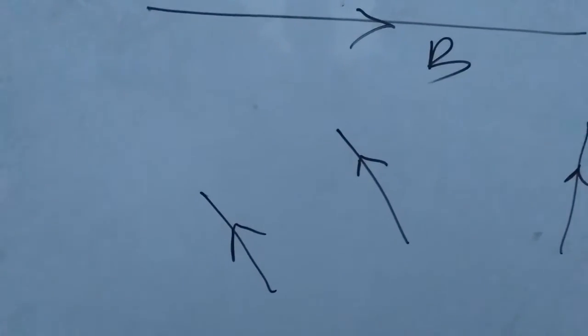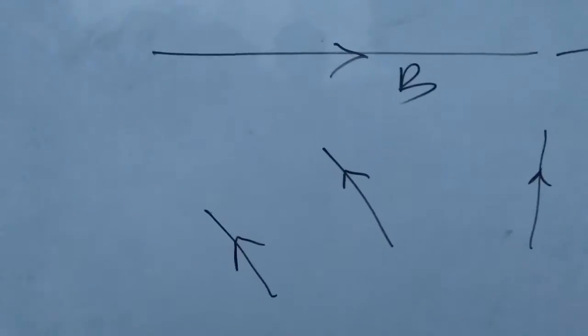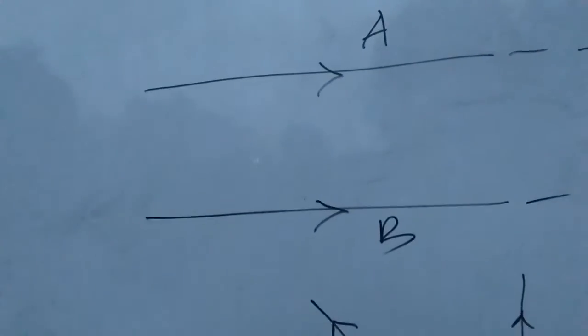So it can be in any form, but as long as they are two opposite lines moving in the same direction simultaneously, they are called two parallel lines.